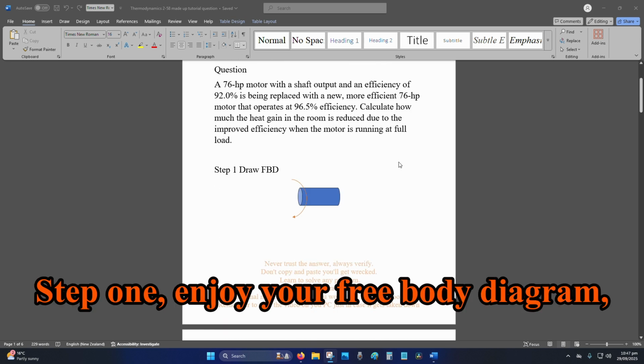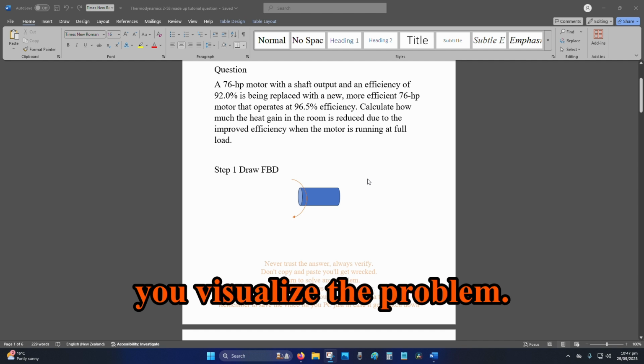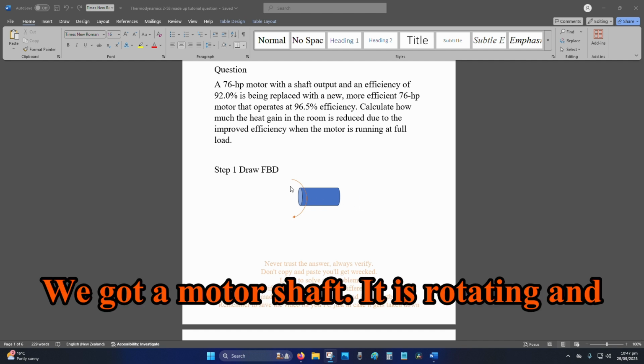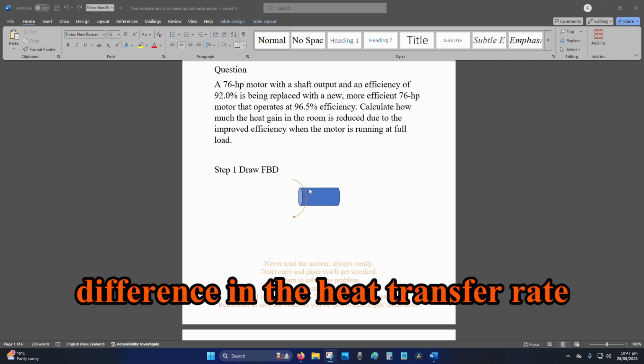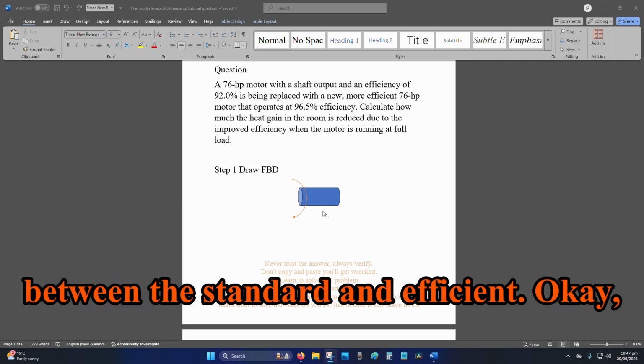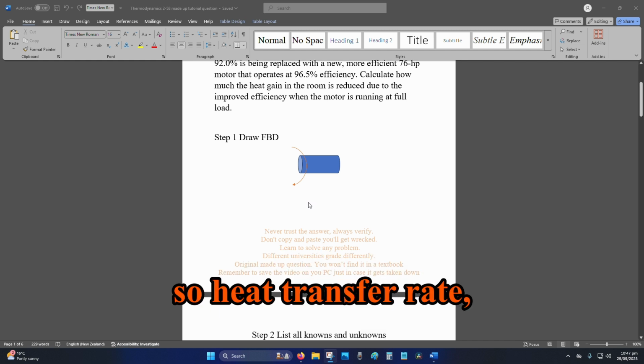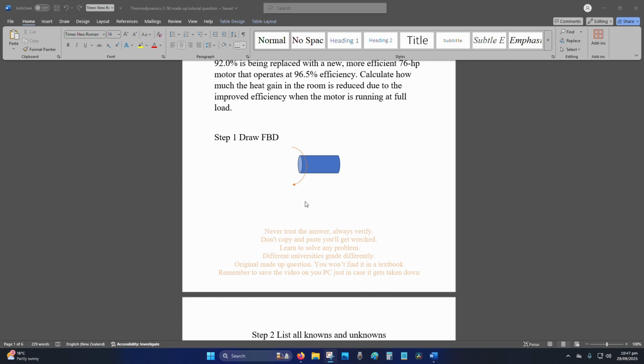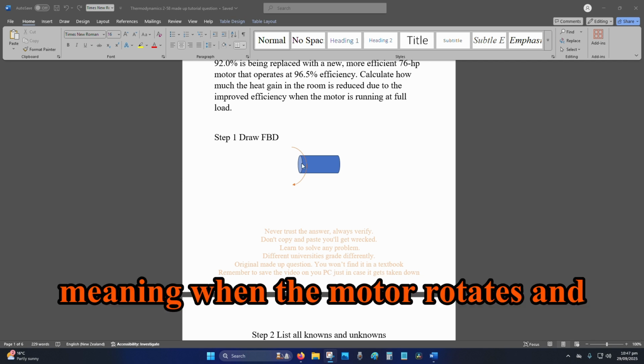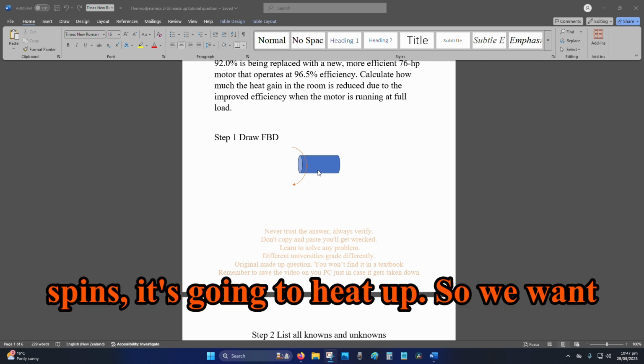Step 1, draw your free body diagram, your FBD. This will help you visualize the problem. We got a motor shaft. It is rotating, and we want to find the difference in the heat transfer rate between the standard and efficient. Heat transfer rate, meaning when the motor rotates and spins, it's going to heat up.